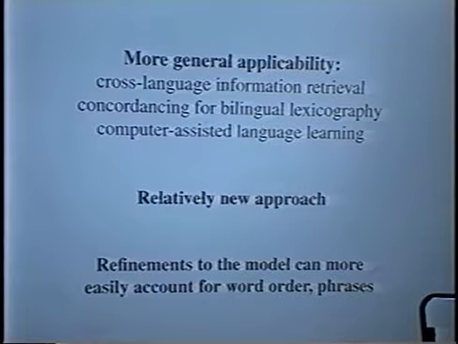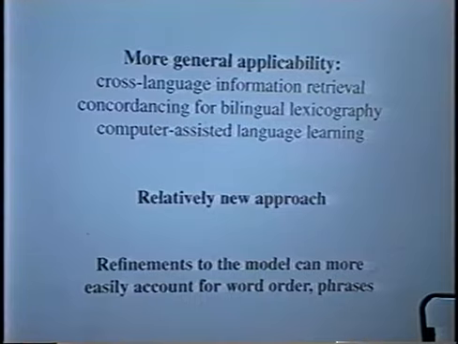It's been pioneered recently by Dan Melamed in his thesis in 1998. And furthermore, it would be interesting to extend this model to account for other linguistic structures such as word order and phrases. The framework is sufficiently general that this is possible, and it's a worthwhile pursuit.